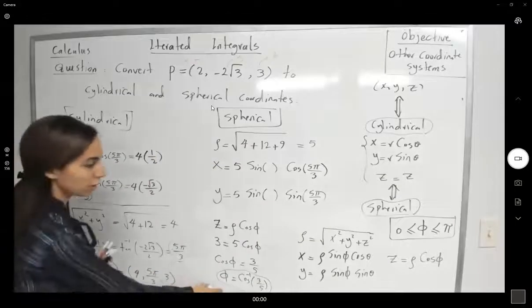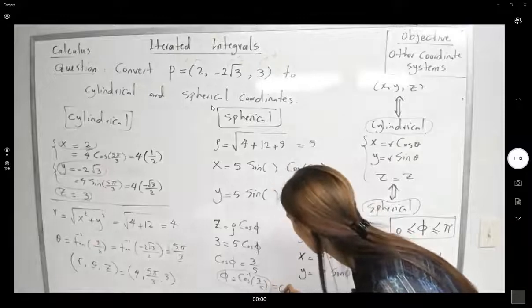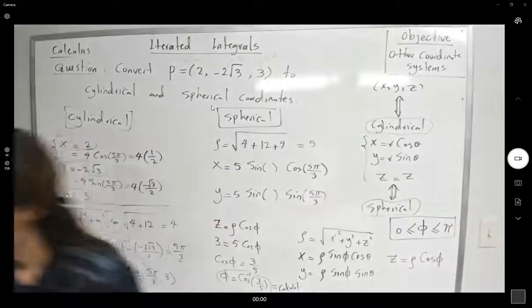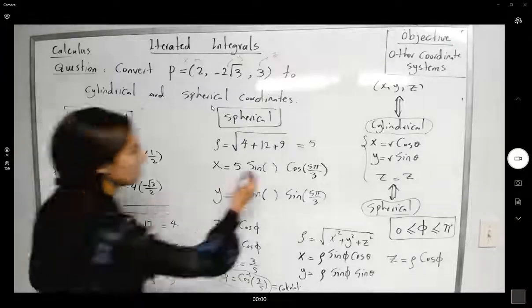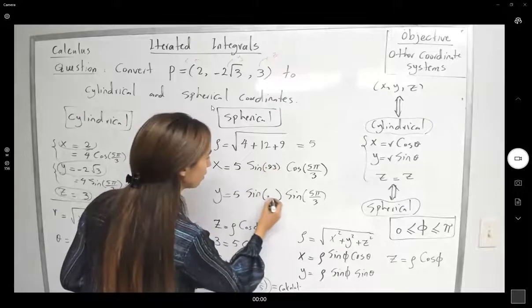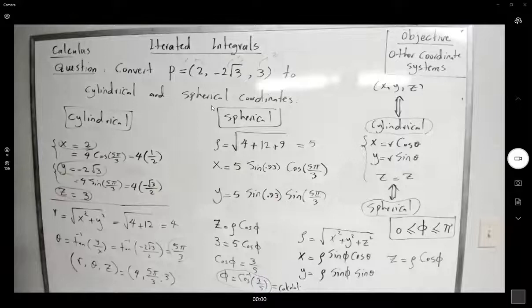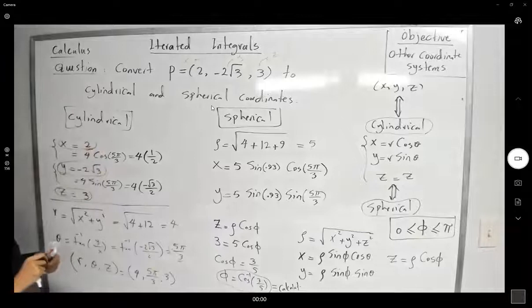Now that I have my phi, I use a calculator to evaluate this. And you can substitute that number here. So if we use a calculator, our phi is roughly 0.93. It gives me a rough value. Very well, if I plug those in, then I get x to be 2 and y negative 2 square root of 3.